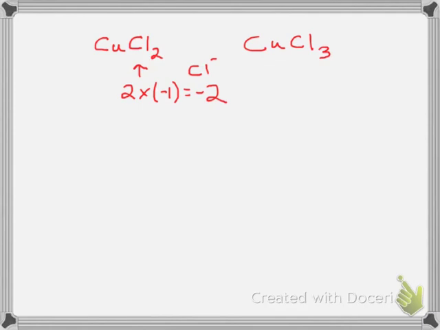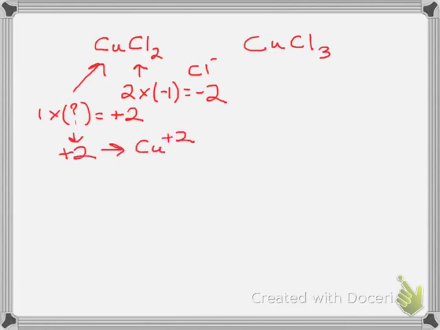Now, there's only 1 copper, so how much charge does that 1 copper atom have to have in order to get a +2 charge? The answer, of course, is positive 2. So we're talking about a copper plus 2 ion, which means that we'll call this compound copper 2 chloride.